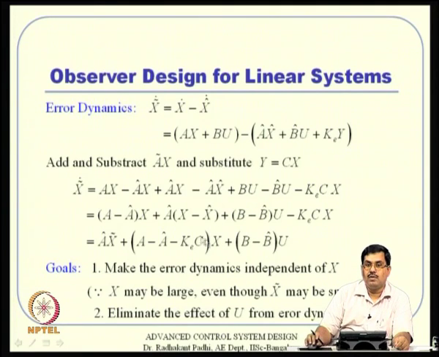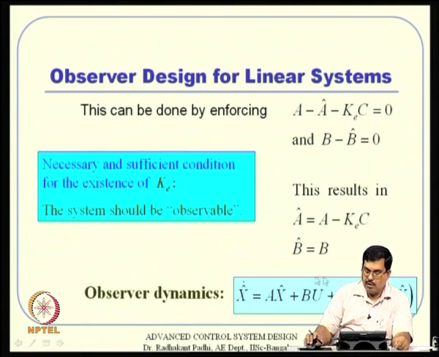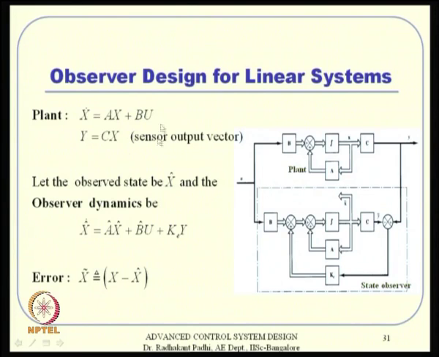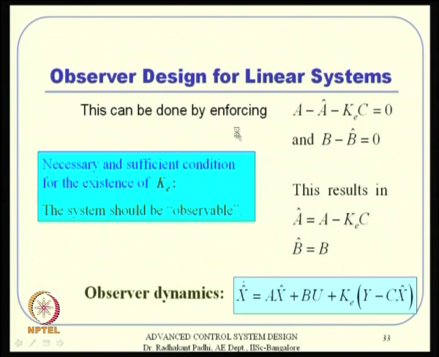So, we enforce these coefficients to be 0, and then we derive this observer dynamics to be of this form. It falls into this form, x plus bu, but we have an additional term ke, the estimator gain, times y, the actual output, minus the estimated output C x hat. That is the innovation term. So, you have the filter dynamics as the linear system dynamics plus a Kalman gain times the innovation term.